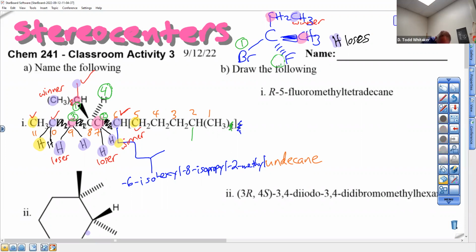Isn't fluorine heavier than bromine? 19 versus 79. And we have 4 was here. You don't even need the number, just see where it is. And there we go. So that would be a more straightforward example.